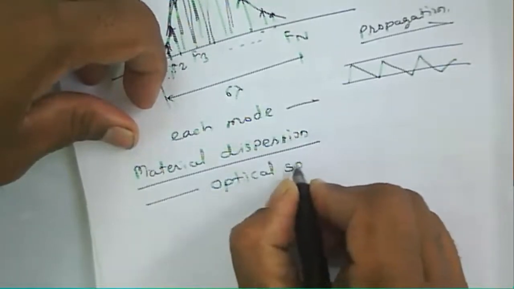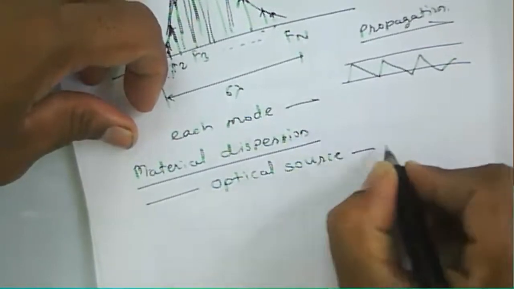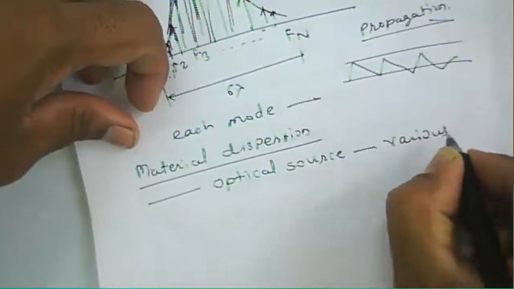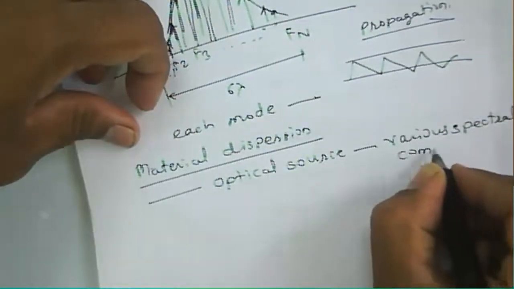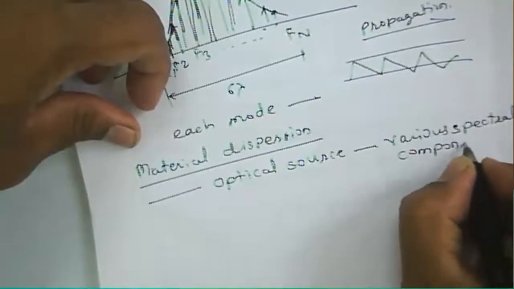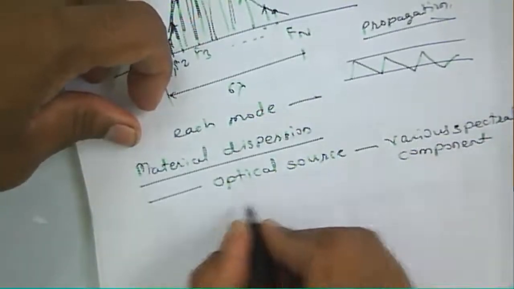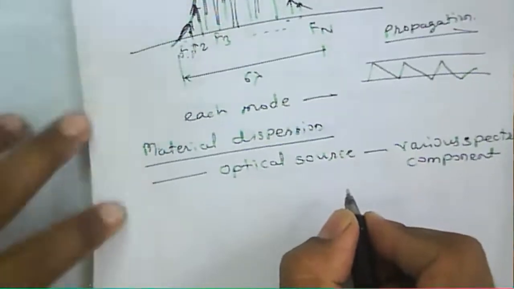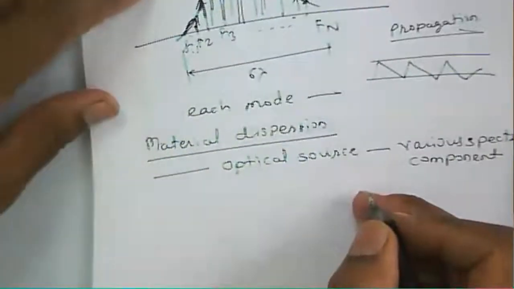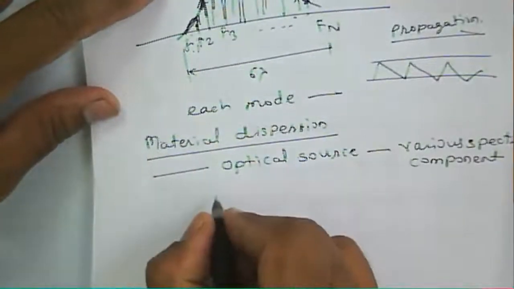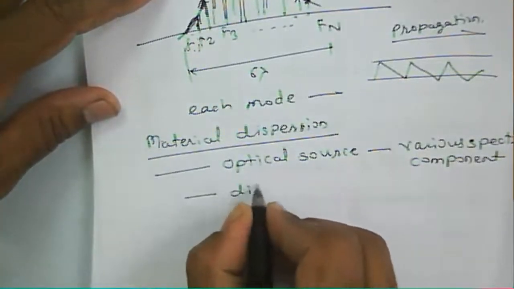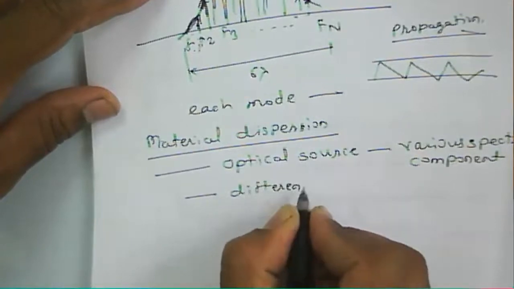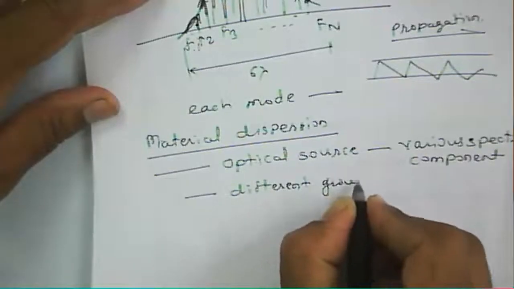An optical source has various spectral components, and because of those various spectral components, the optical source has different group velocities.